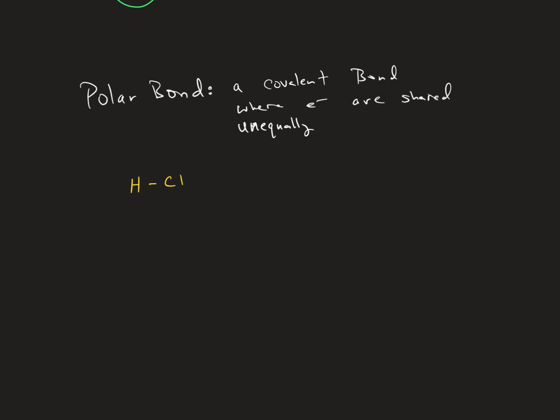Which one of those elements wants more electrons, hydrogen or chlorine? Well, maybe that was not a good example for what you know right now. Let's do nitrogen and chlorine. Which one wants electrons more than the other one?